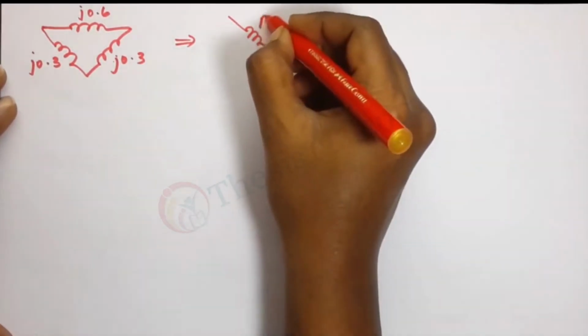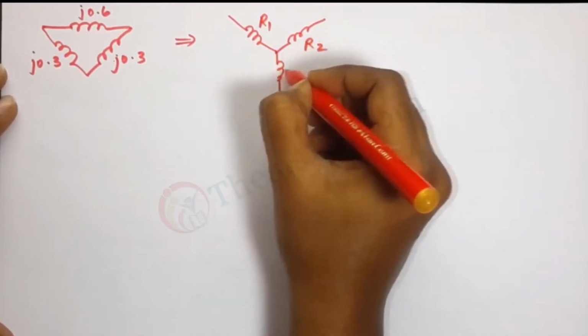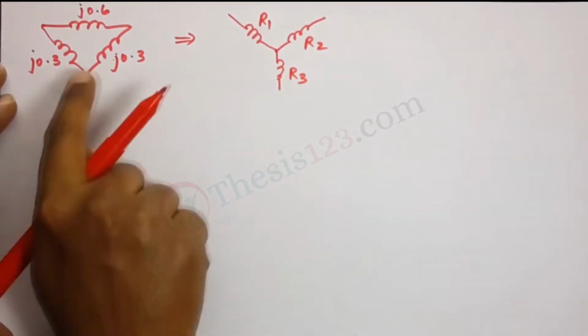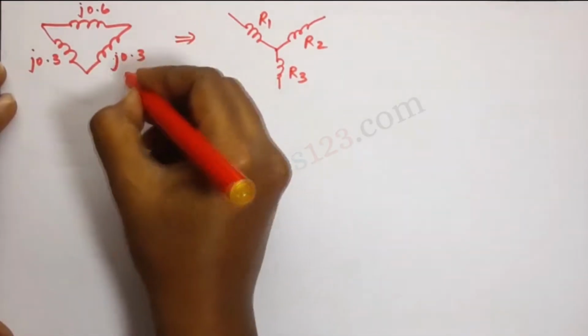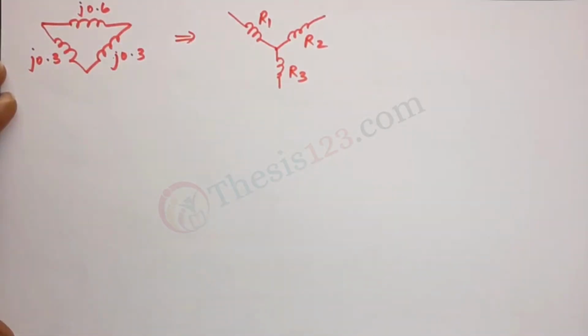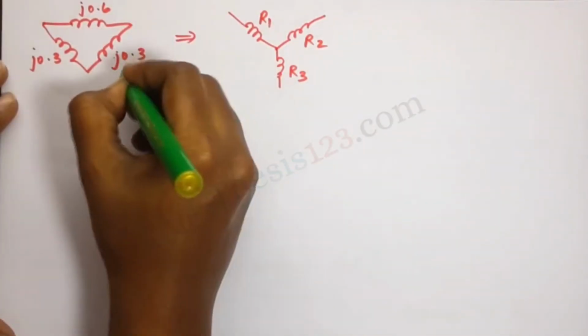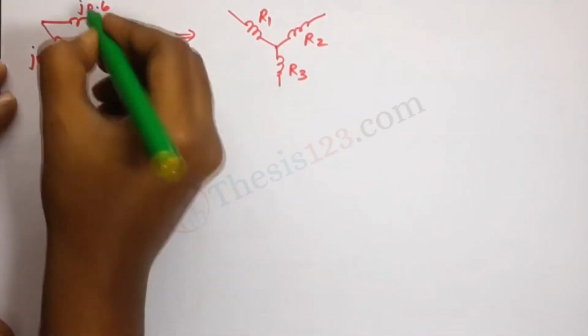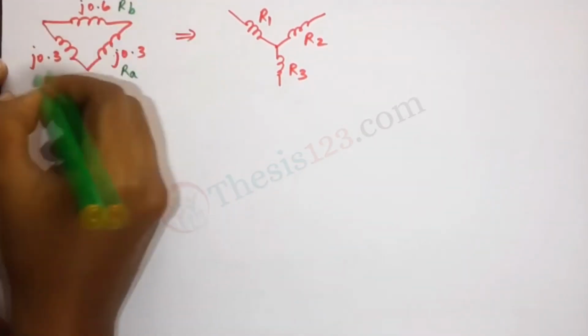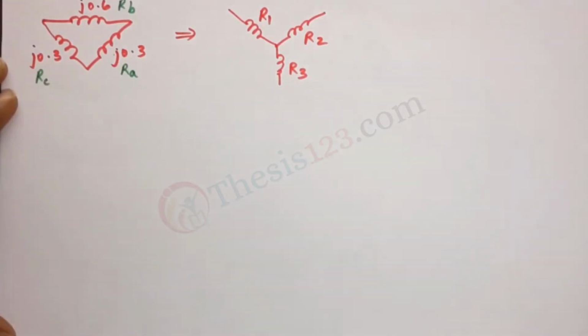Let's call this R1, R2 and R3, and correspondingly here we would have RA, RB and RC.